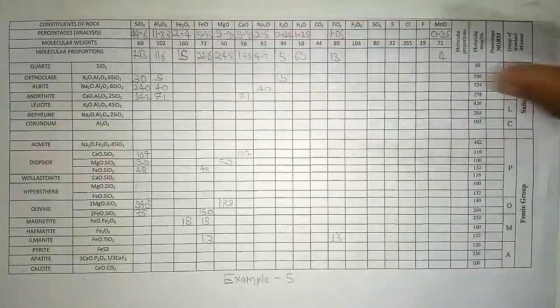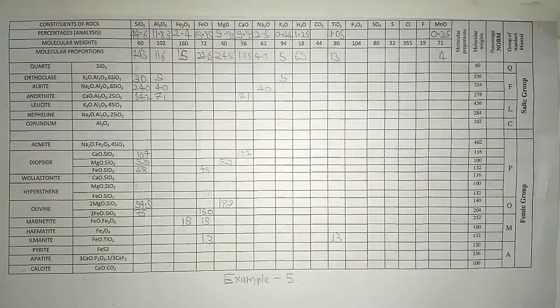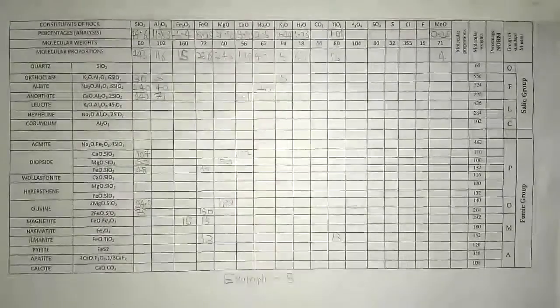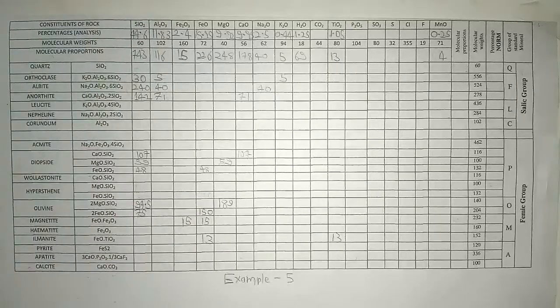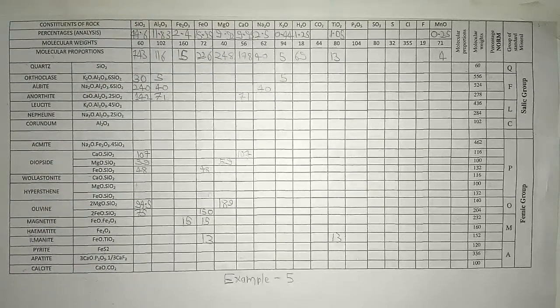That is 743 minus 30 minus 240. So I have calculated it. There is a difference of 52.5.